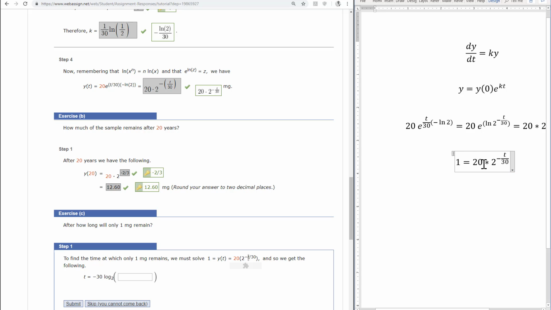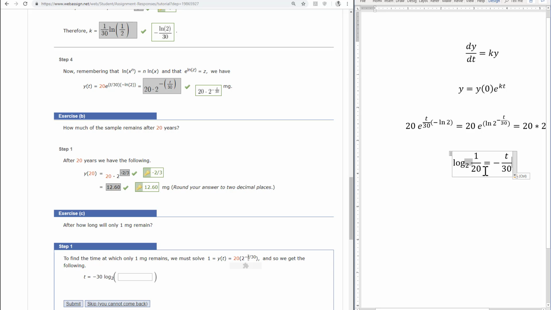So first we'll divide by 20. And then the best thing to do is to take the log base 2 of this value, and that would give us this expression over here.